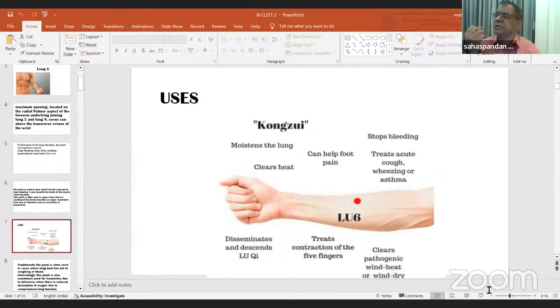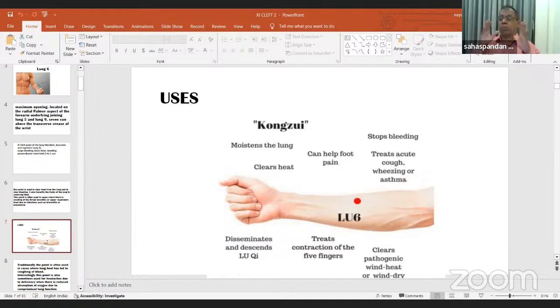That patient cannot open the fingers freely. There is stiffness, there is spasm in the fingers. So can you treat? Your answer will be yes, I can treat this condition, and apply LU6 in this case.